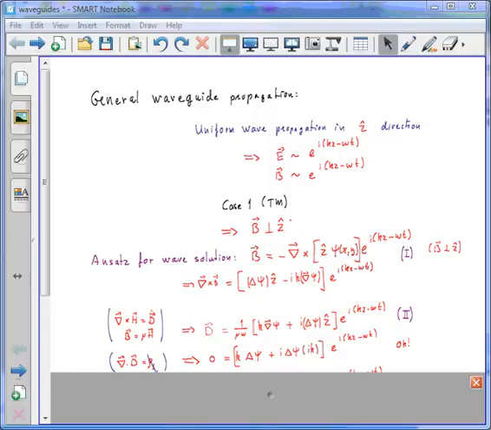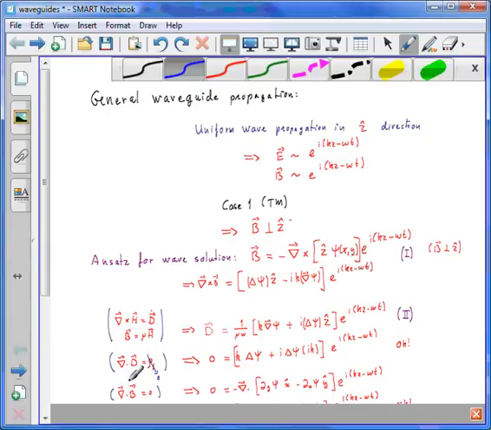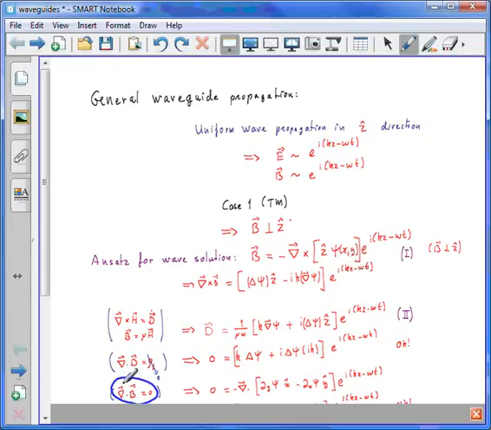So now let's look at the next Maxwell equation, and this is simply divergence of B equals to 0. So what I have to do, I have to take the expression of B, take the divergence. What I need to do is to take the divergence of that expression here.